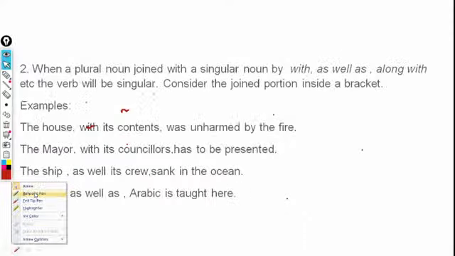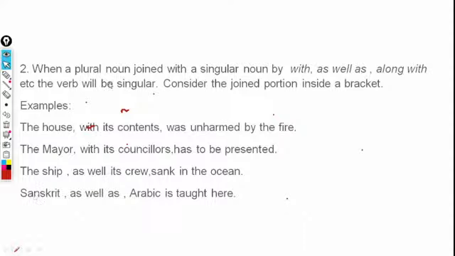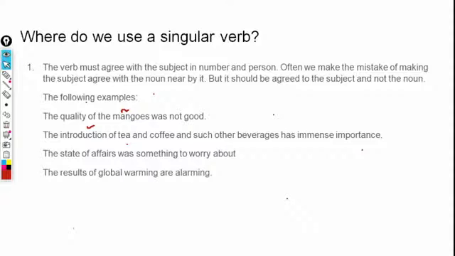I should take this pen. This is more proper. So I guess the first slide was clear to y'all. First slide was about the subject and predicate point.